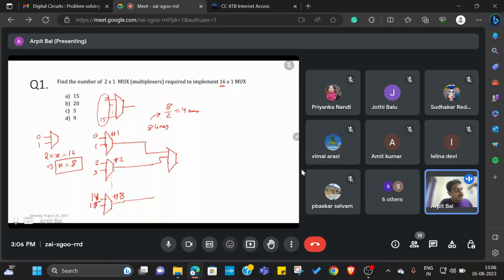So here we will need 1 mux, then another mux covering another set of inputs. This one will be from mux 1 and mux 2. Okay, so here how many muxes are there? 4 muxes.